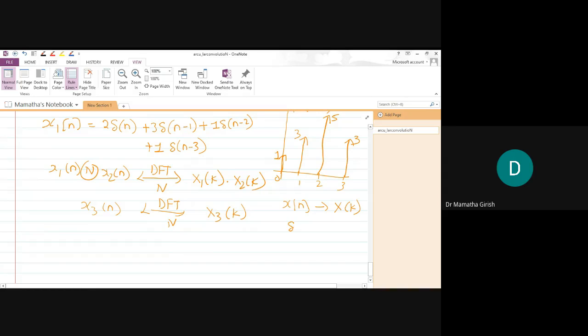If my x of n is delta of n, its corresponding DFT is equal to 1. We have done this in the initial classes. The DFT of an impulse is always equal to 1.